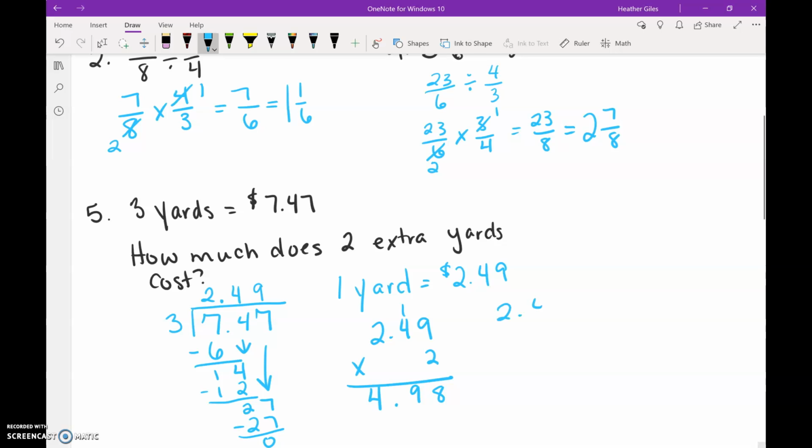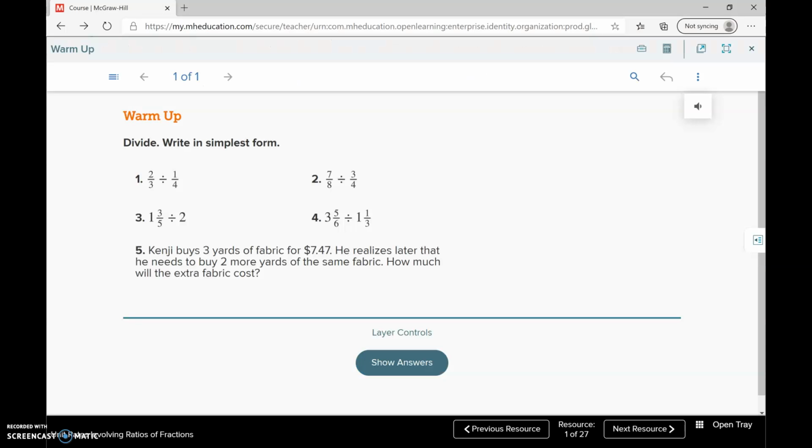I could also do $2.49 plus $2.49, 18, carry the 1, 9, put my decimal, 4. I get the same answer. Both ways work. So let's go check our answers. We got them right.